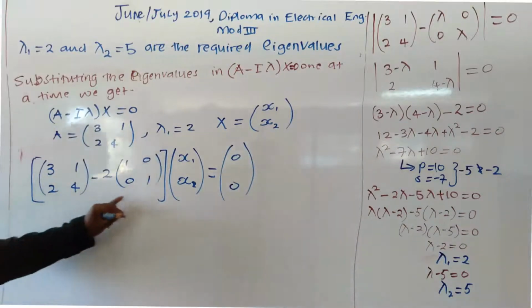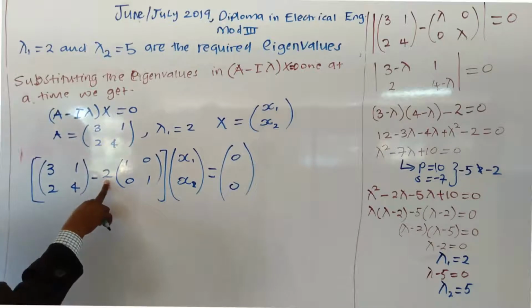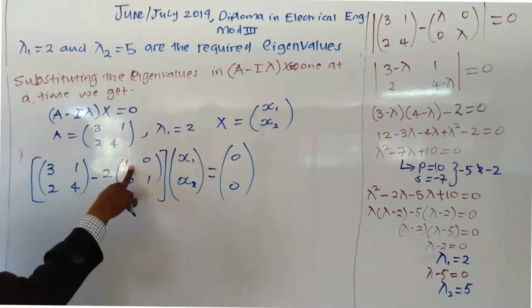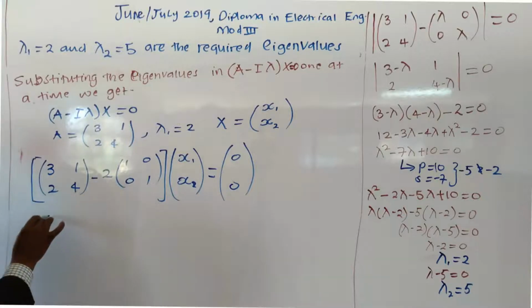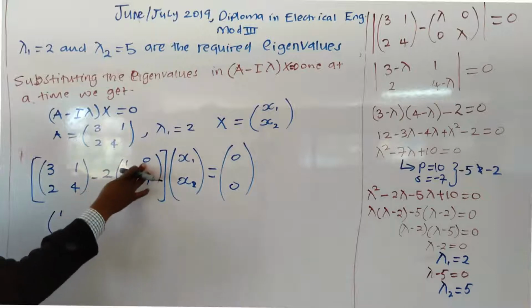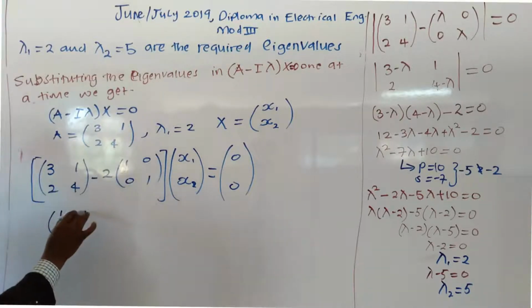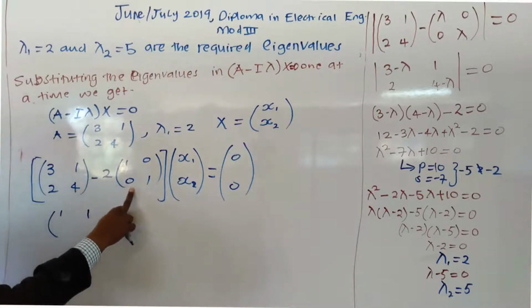Let us now simplify this bracket. We have 2 times 1 is 2. Then we subtract from 3, so we have 1. 2 times 0 is 0. Subtract 0 from 1 is 1. 2 times 0 is 0.